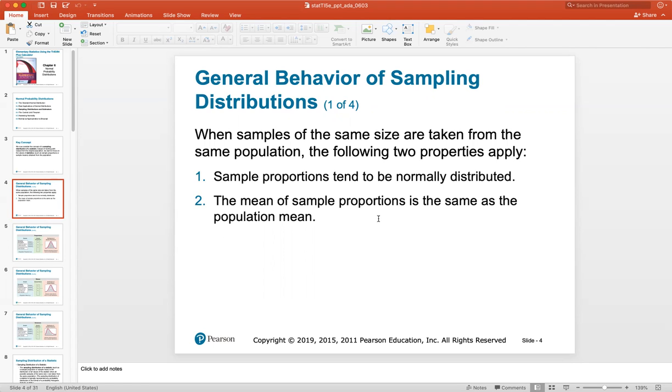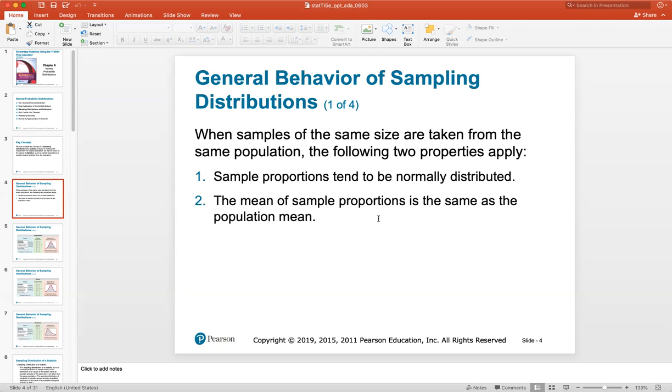When you draw the histogram of the probability distribution of the sample proportion, the shape is like a bell. That's the meaning of the first statement.